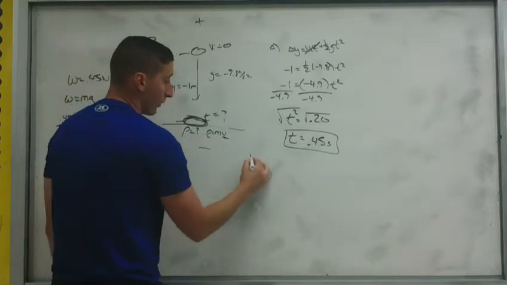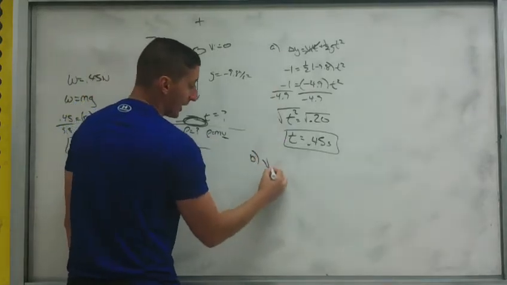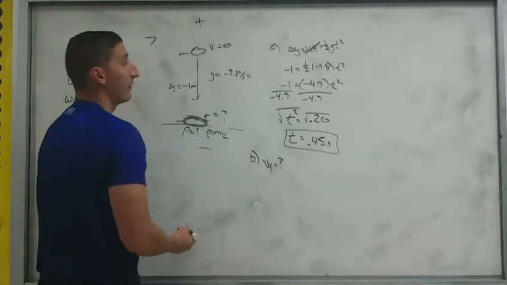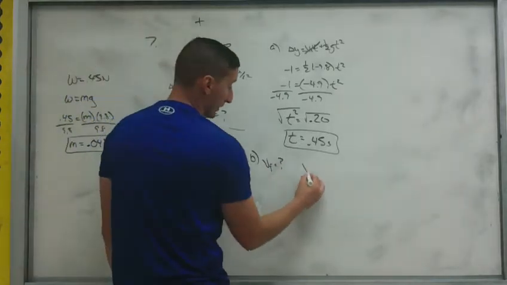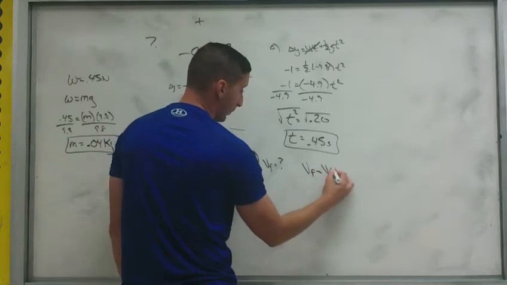All right. So if I can figure out the velocity right before it hits the ground, I'll be able to find that. So what I want to do is, using the same variables, I want to find v_f. So I could quite simply use v_f equals v_i plus g t.